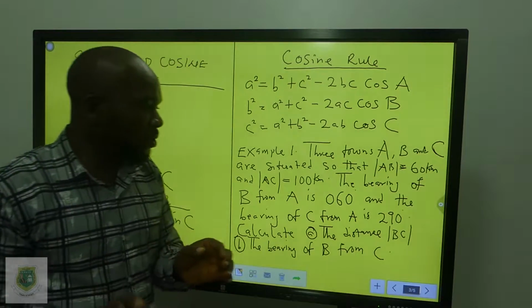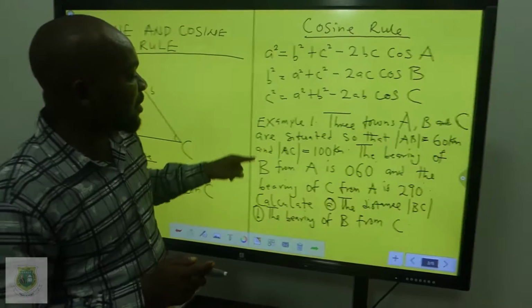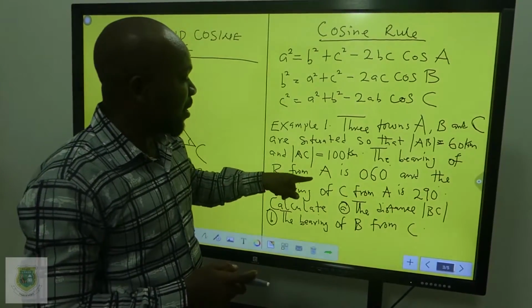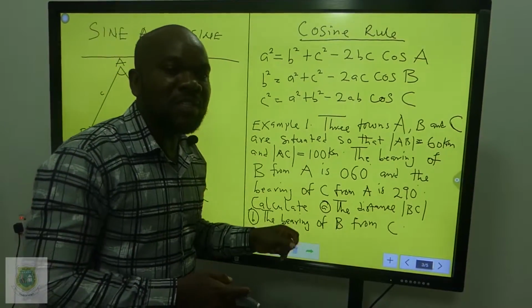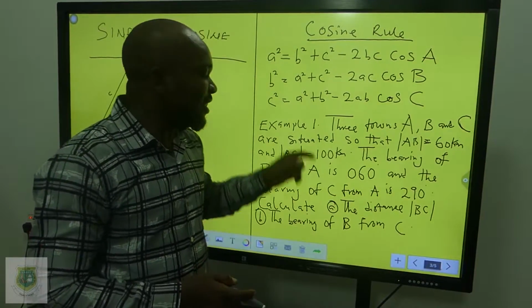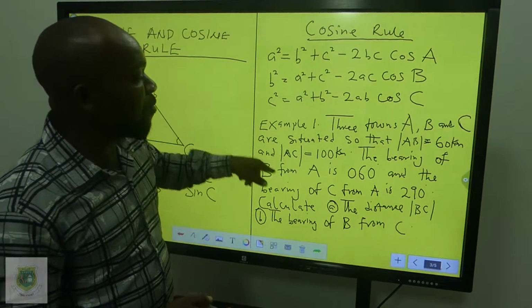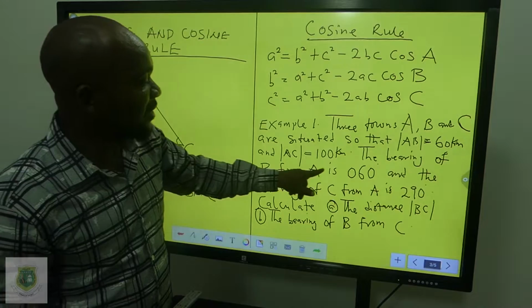my students, I want you to take note of this. Whenever they say bearing of something from A, which means the thing took off from A, the distance started from A. Bearing of B from A is 60 degrees.